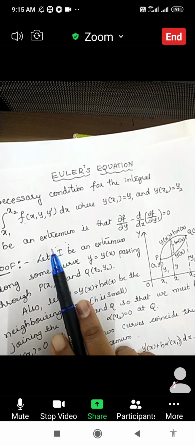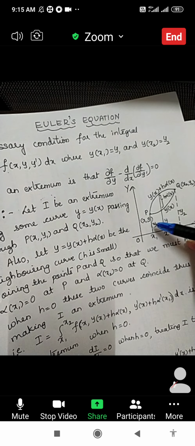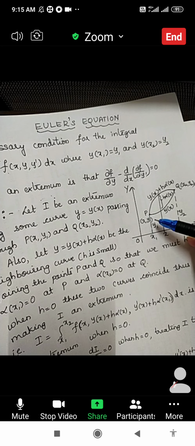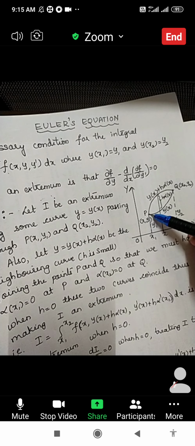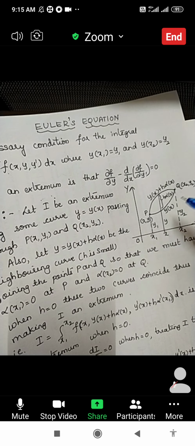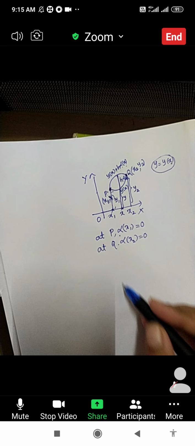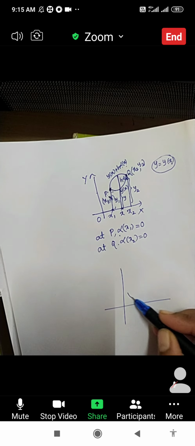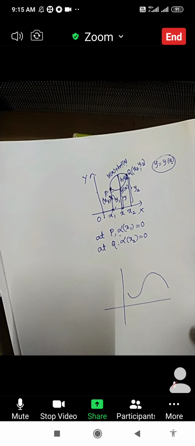Now with the restriction, let I be the integral to be extremum. Extremum means maybe maxima or minima. We just take that I is extremum along this curve y of x. This is one thing I forgot. When you take maxima and minima, suppose the curve is like this, so we say this is minima, this is maxima.